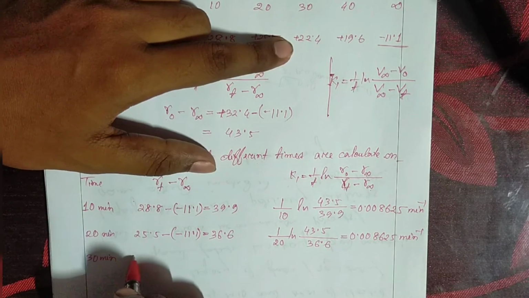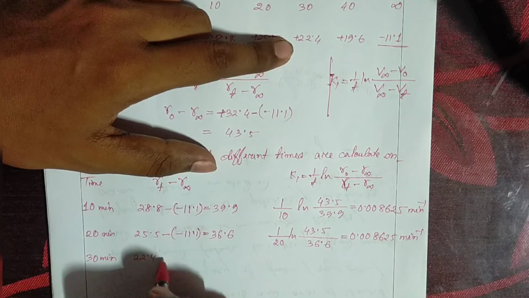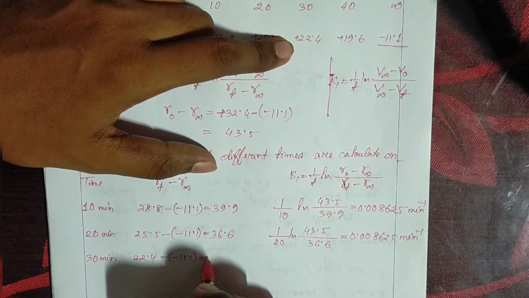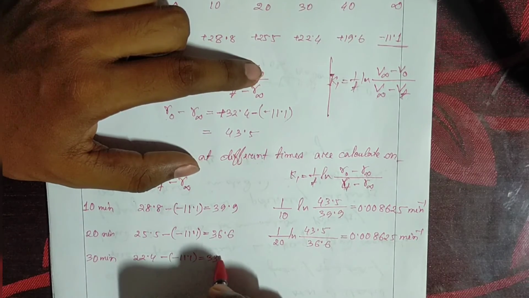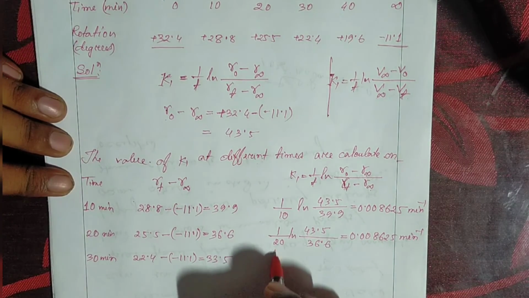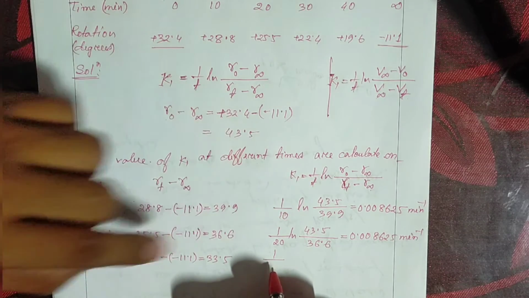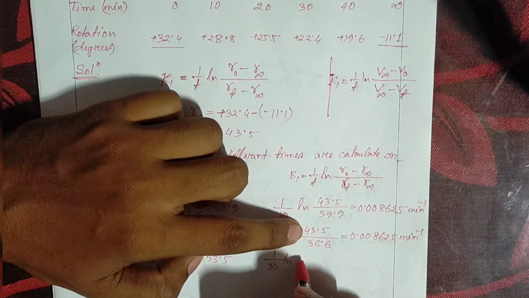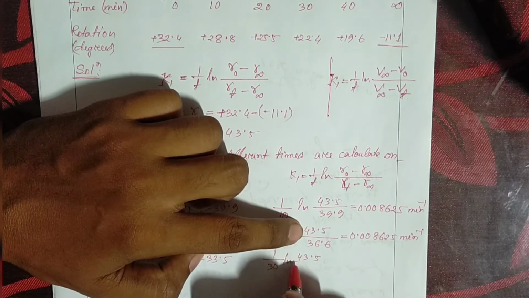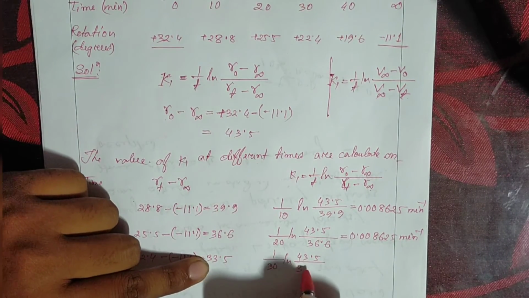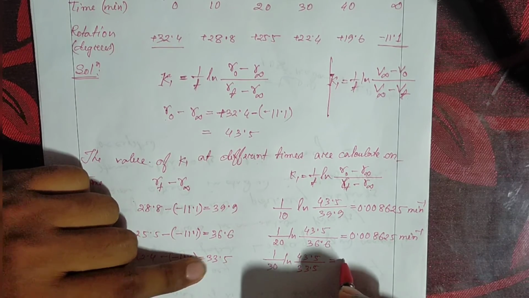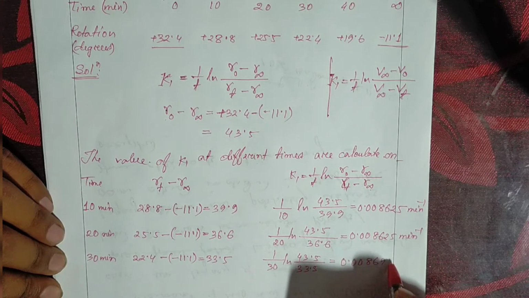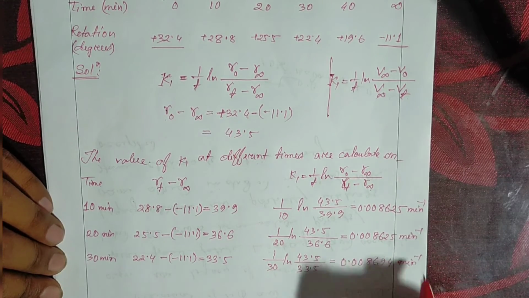Okay, next we will calculate for 30 minutes. For 30 minutes also it is 22.4 minus 11.1 is equal to 33.5. So for time it will be 30, ln, and it will be the same 43.5 divided by 33.5, which is equal to 0.008694 minute inverse.